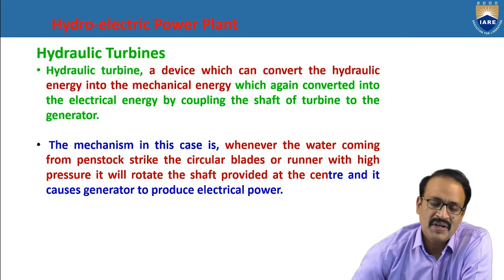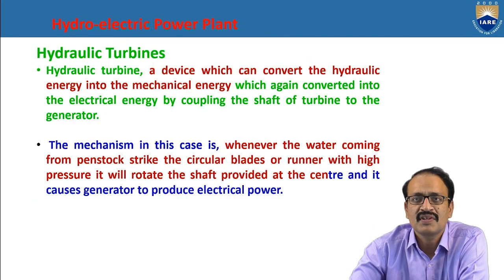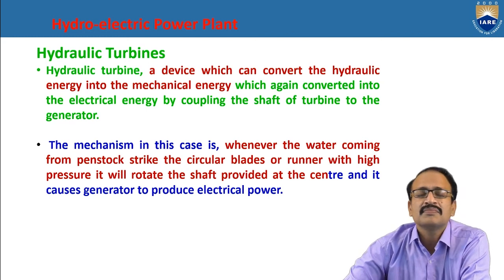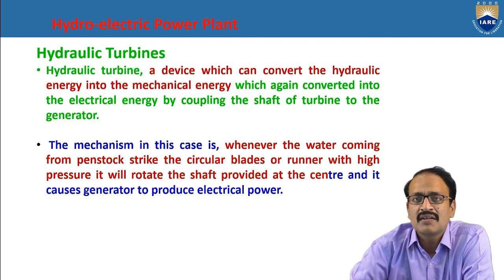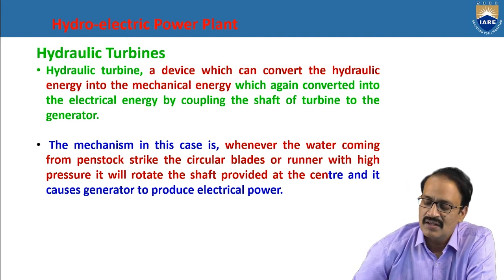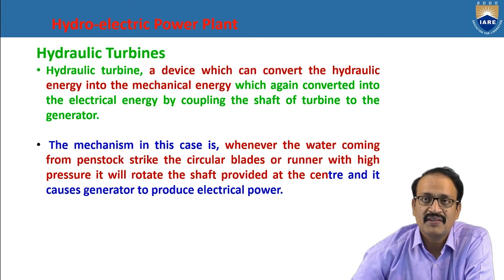The hydraulic turbines: there are different types of turbines. These turbines rotate, and because of this rotation, they are linked with the generators, and the generator is able to produce the power. The power is produced in the powerhouse, and we are going to supply it.